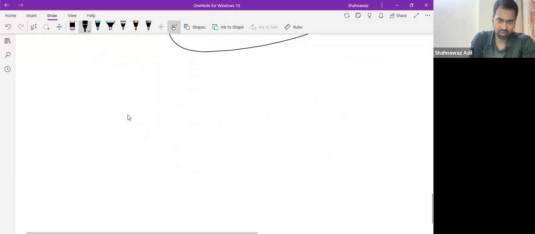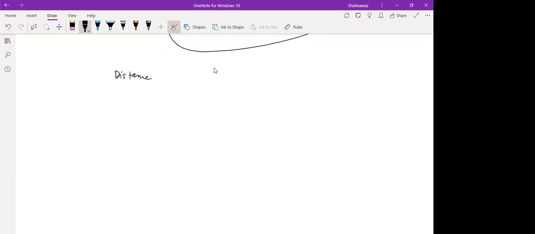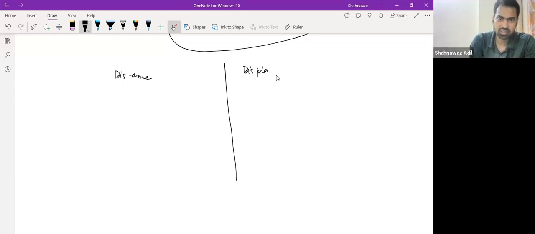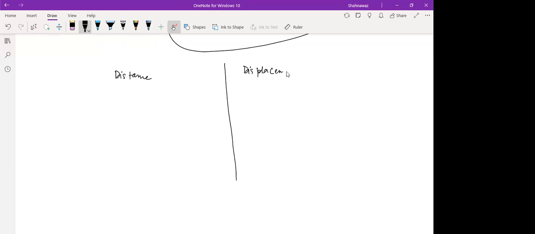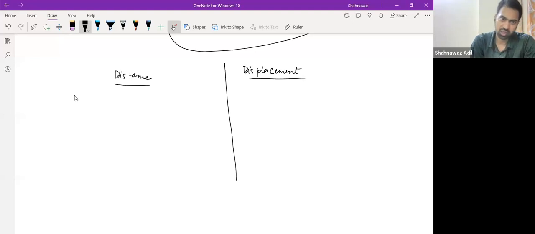The first difference is what? Displacement can be negative, but distance can only be positive. So first, distance is a scalar quantity, and second, displacement is a vector quantity.